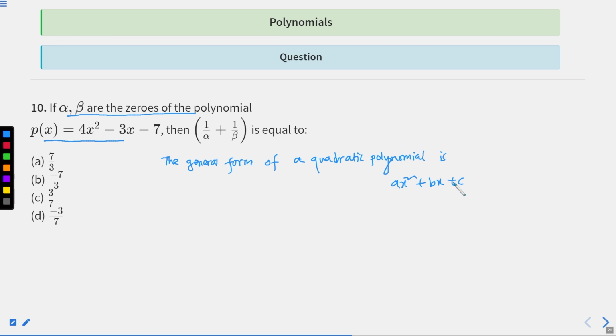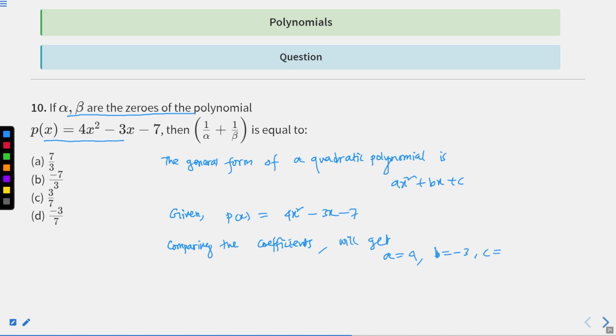Okay, so now if we compare this equation with this quadratic polynomial, where p of x is equal to 4x squared minus 3x minus 7, comparing the coefficients, we will get a equal to 4, b equal to minus 3, and c equal to minus 7.